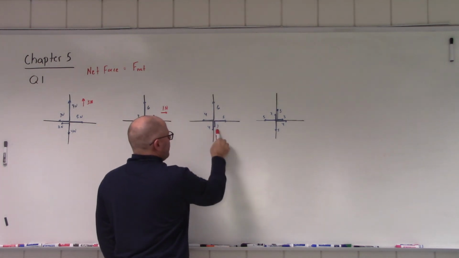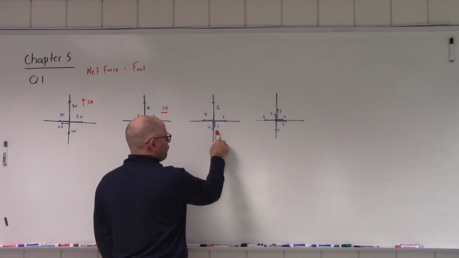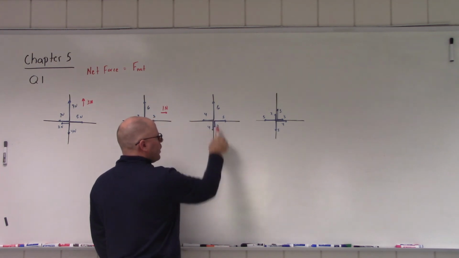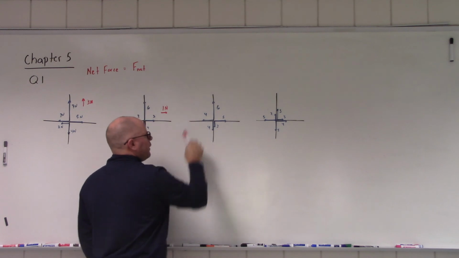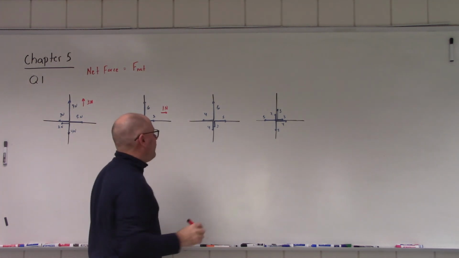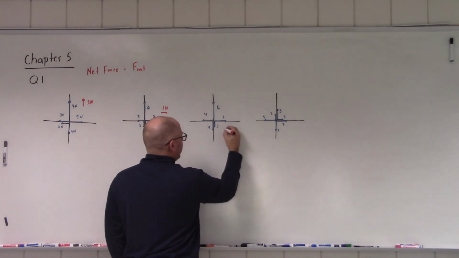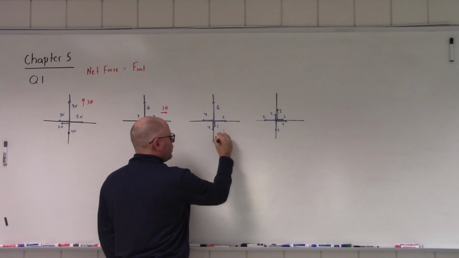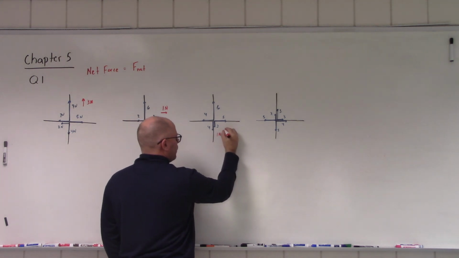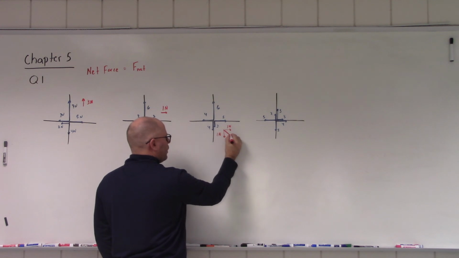This one I have 6 up and 7 down, so there's more down than up. And I have 5 right and 4 left, so more right than left. So to me, this looks like it's 1 Newton down, 1 Newton over.